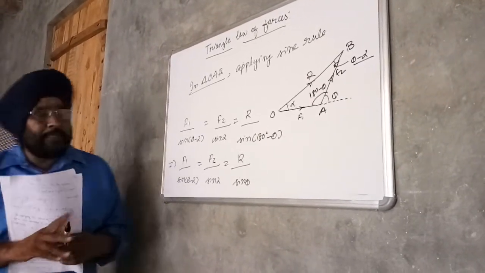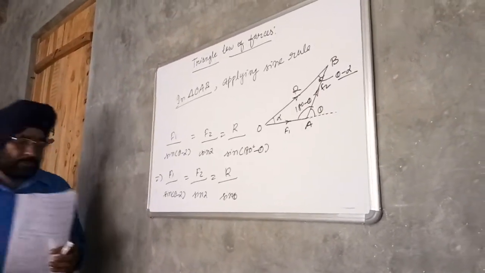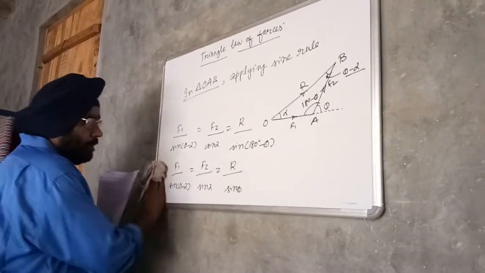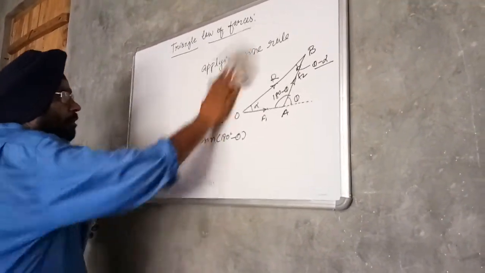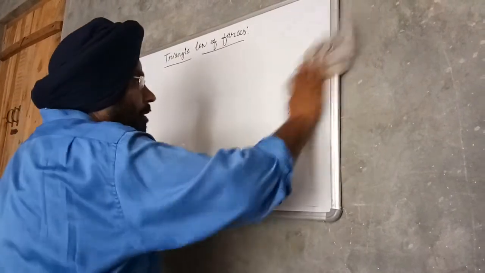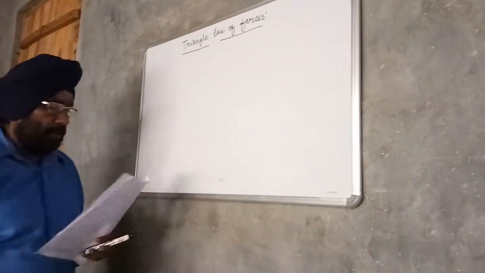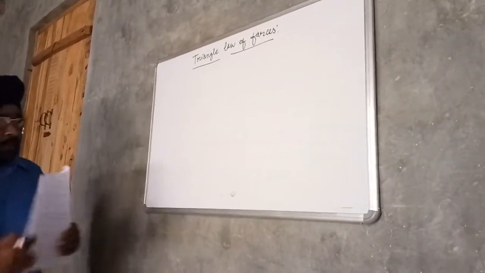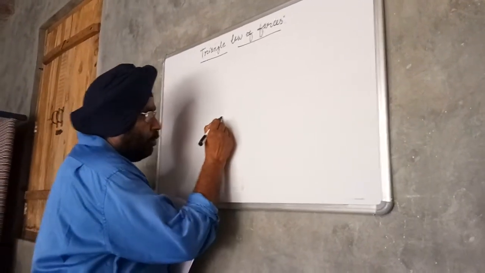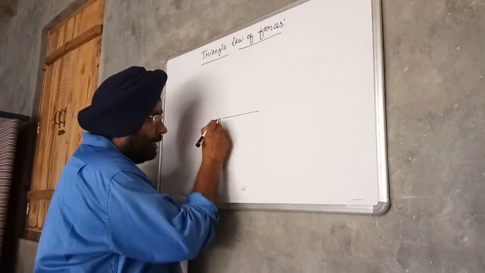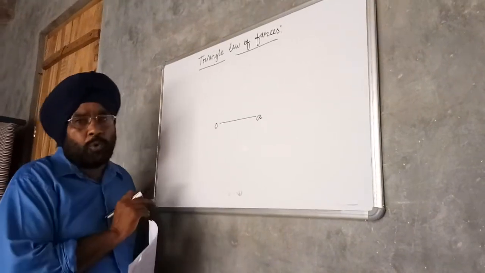Second, graphically. Draw the vector OA to some scale, to represent the force F1.